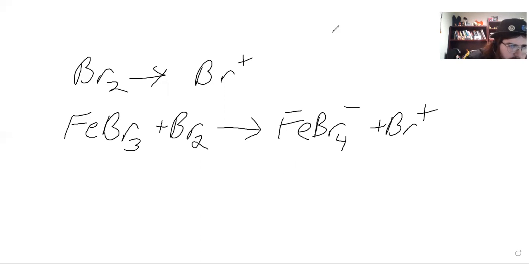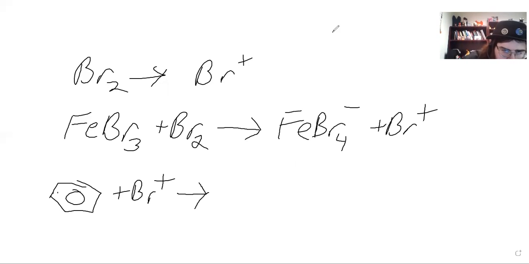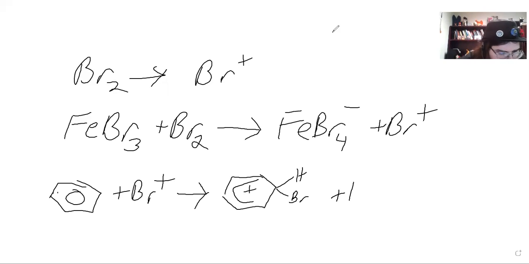So once we have the Br plus, benzene plus bromine, we're going to form our intermediate plus H and Br, and then this activator is going to revert this back to the next step.